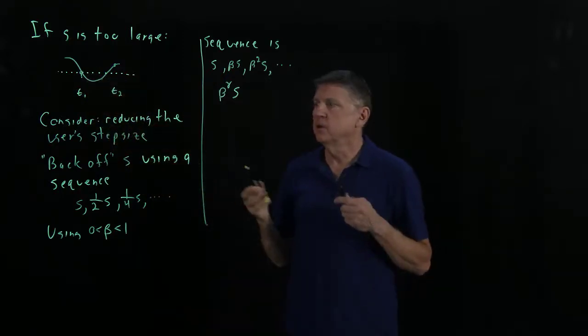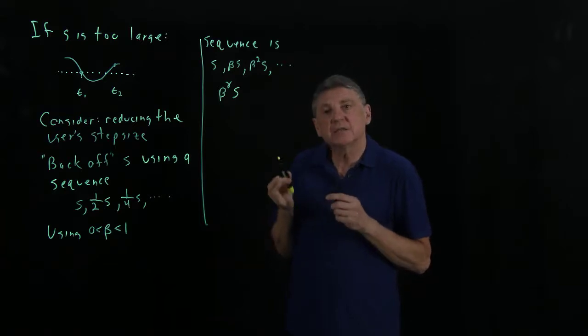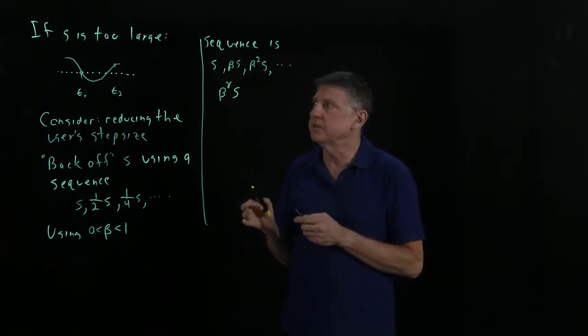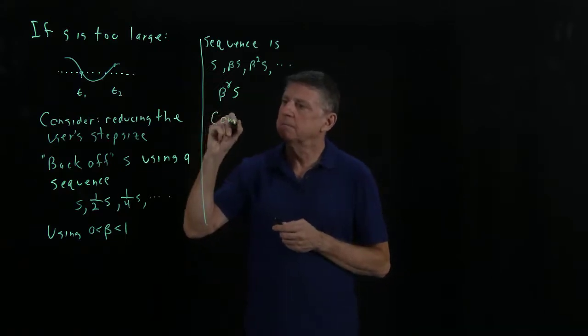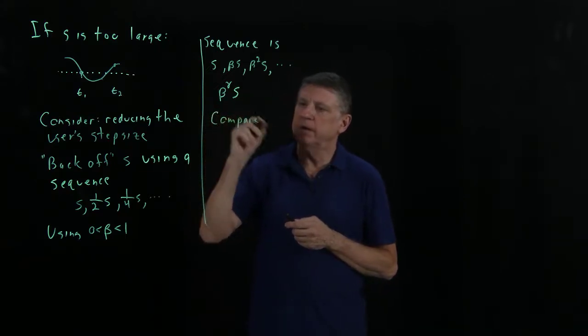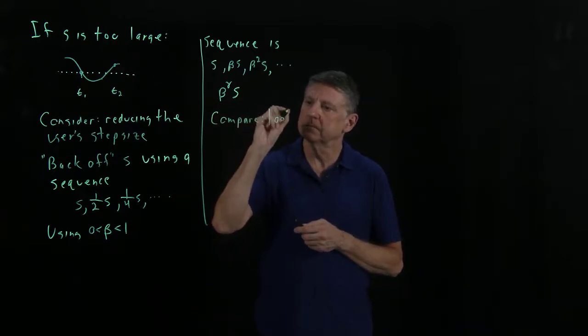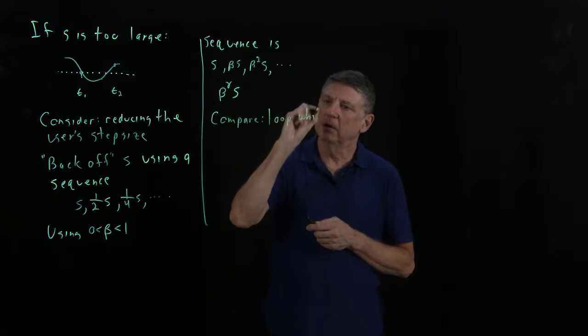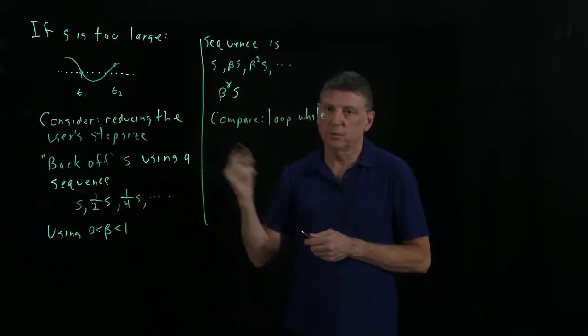And if we're near a local minimizer, that's a good thing because it's getting us closer towards that minimizer. So we can compare, and we can loop while, and now let's write down a mathematical comparison for what we're doing.